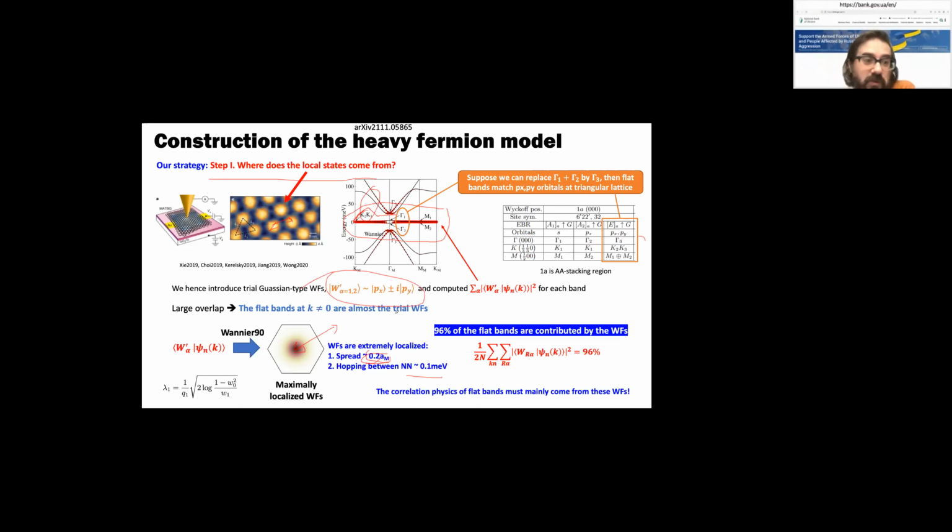These F will hybridize with the C electrons. When that hybridization becomes larger than the Hubbard U, I would say that this model is physically not correct anymore. But close to the magic angle, 10% plus or minus, the Hubbard U is still larger than the hybridization, and this heavy fermion picture is very good.